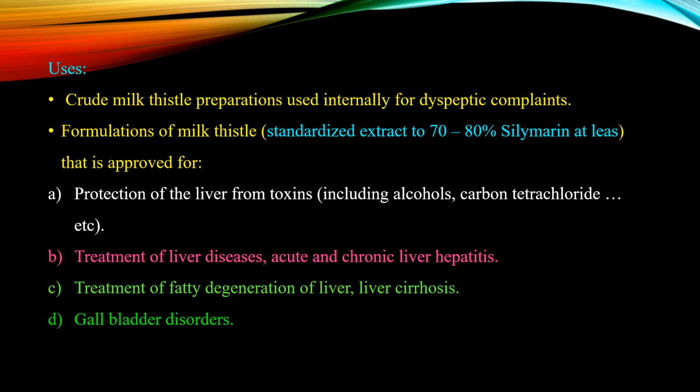Formulations of milk thistle are standardized to contain 70 to 80% of silymarin, used as a liver supporting formulation, protecting the liver from toxins including alcohol and carbon tetrachloride, for treatment of liver disease, acute and chronic hepatitis, treatment of fatty liver degeneration and liver cirrhosis, and treatment of gallbladder disorders.